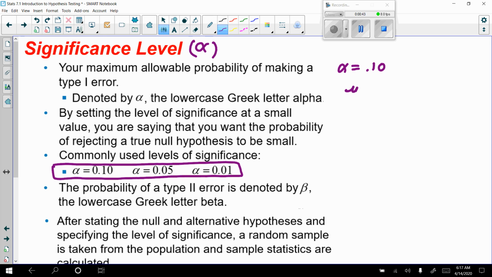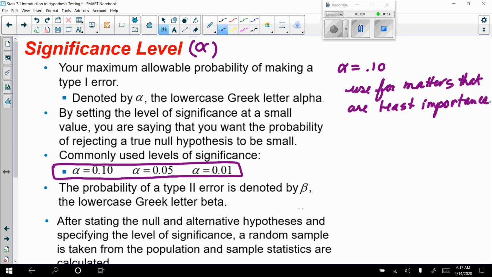If alpha were equal to 0.10, we use this for matters that are important but are of least importance. So maybe when deciding on a color of a shirt to wear, where life and death is not an issue.